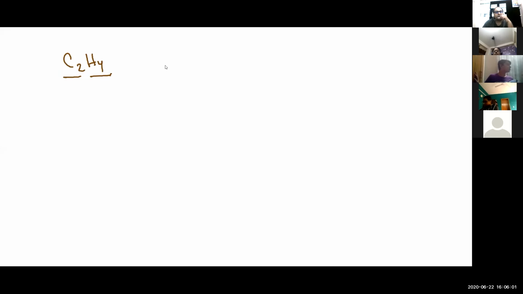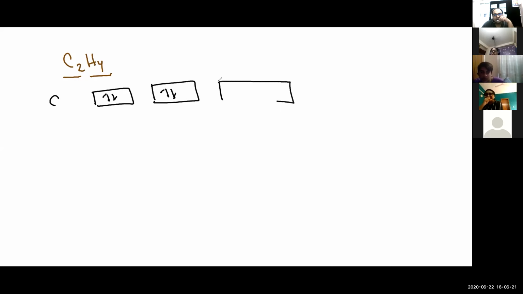One carbon is 1s2, 2s2, 2p2. Similarly, we'll take another carbon, which is orange. Same.